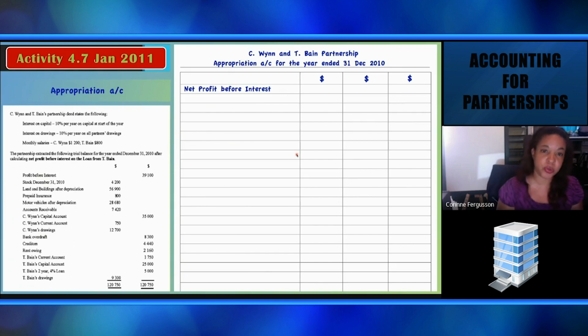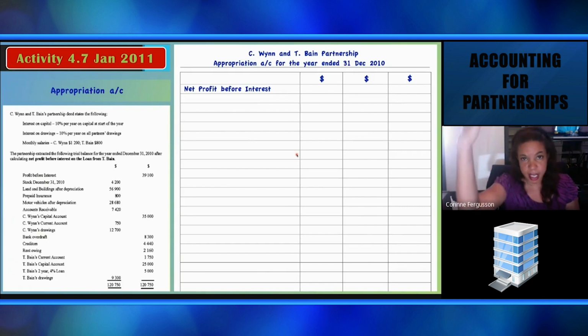What you can do is put net profit after interest and show the working as some people did, or you can do it like me, if you see it has enough space, and put it in this order so you know exactly what was done. So they gave you the before.